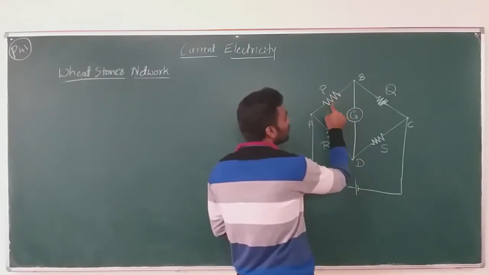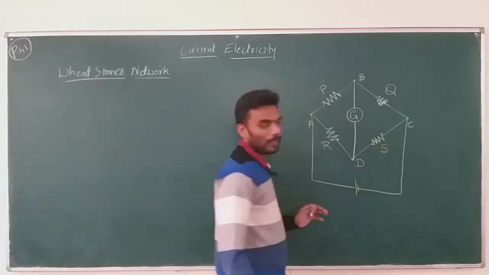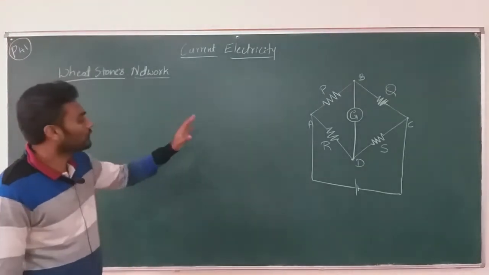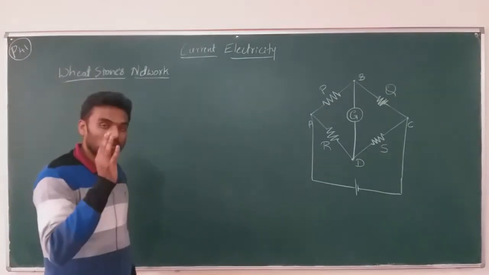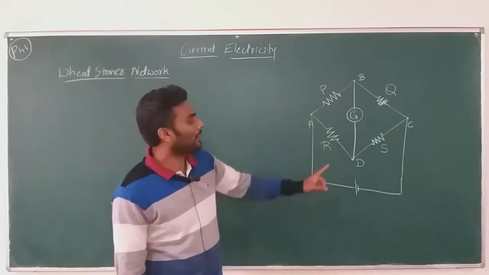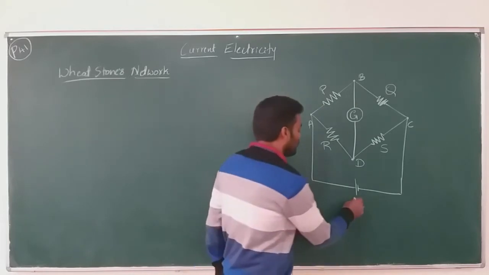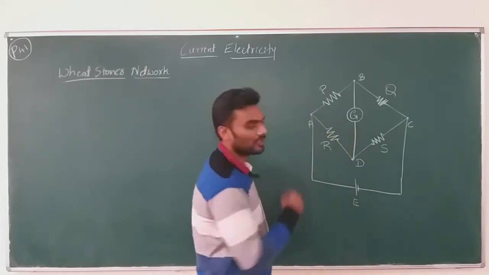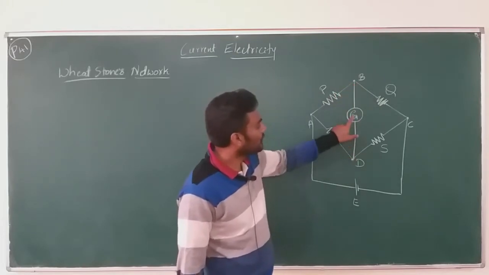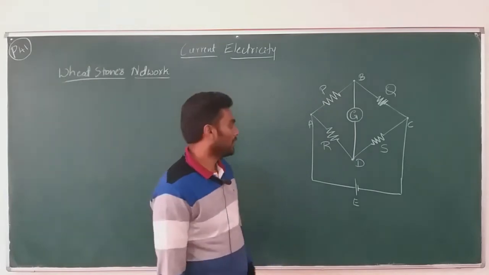So this is the pictorial representation of Wheatstone's network, which involves 4 resistors P, Q, R, S connected in a quadrilateral form with a cell of EMF E between the terminals A and C, and a galvanometer between the terminals B and D. Okay, good.